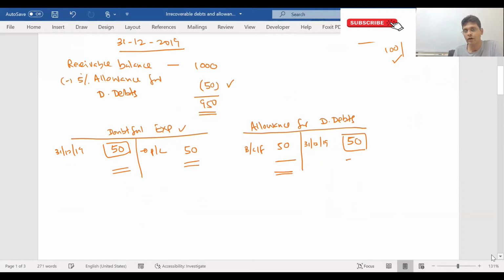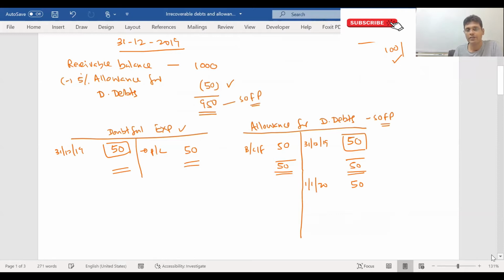So you need to balance off this account and bring forward 1st January 2020, 50. Since this is in the statement of financial position, and this also will be in the statement of financial position.